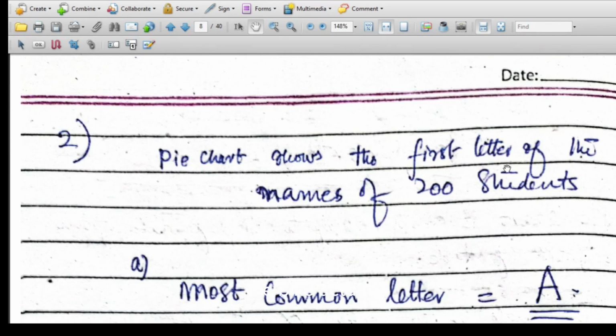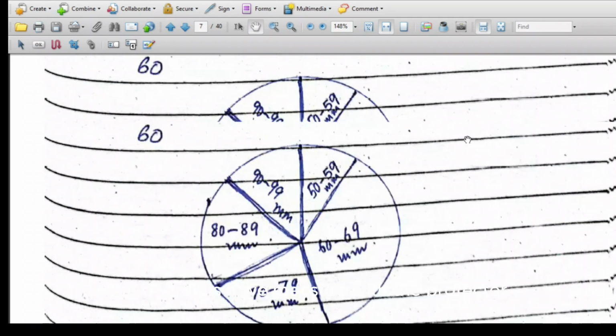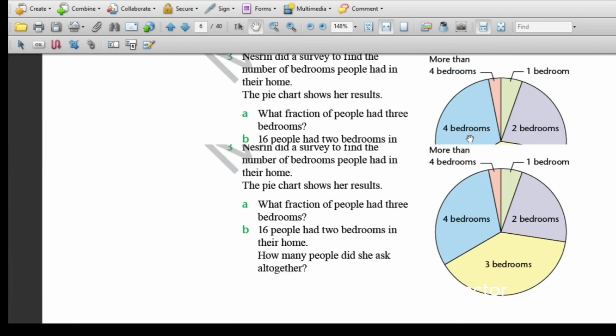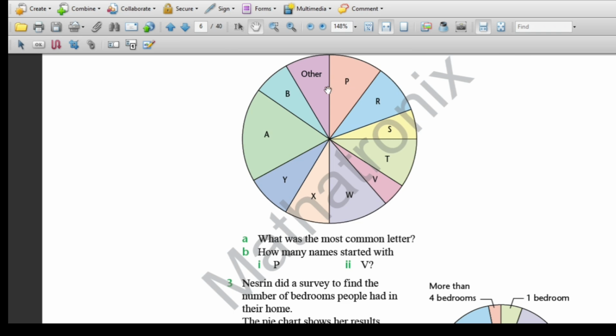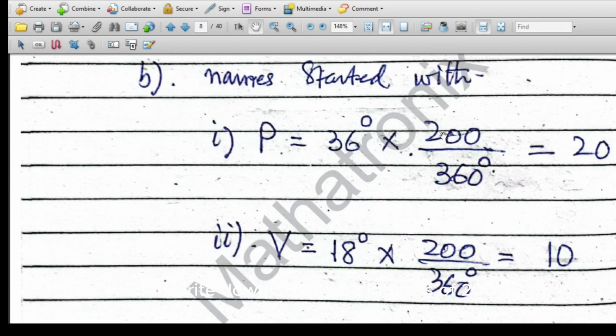The pie chart shows the first letter of the names of 200 students. The most common letter is A. Now, the names of students starting with P. If we measure with a protractor, let's suppose this is 36 degrees. Then we can write 36 degrees in terms of 200 divided by 360. So this 36 degrees corresponds to 20 students.